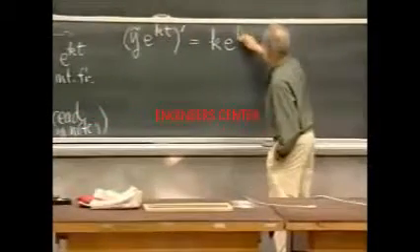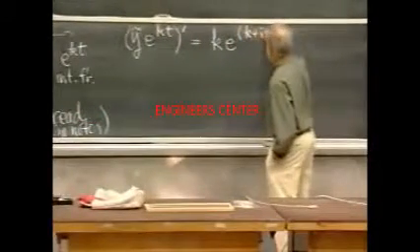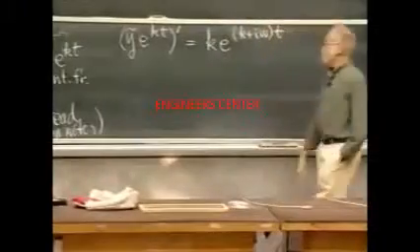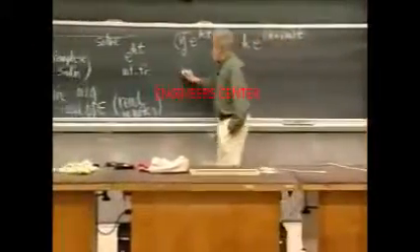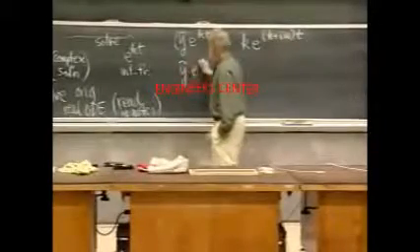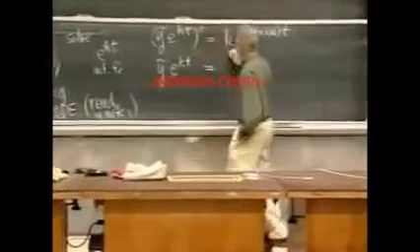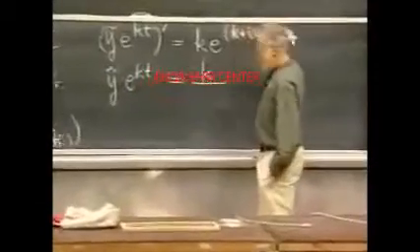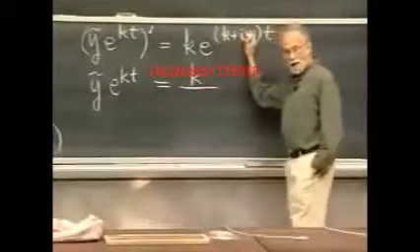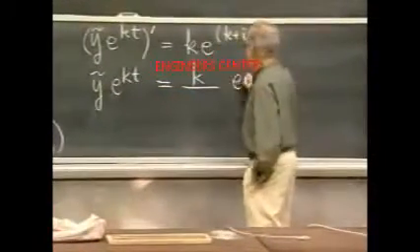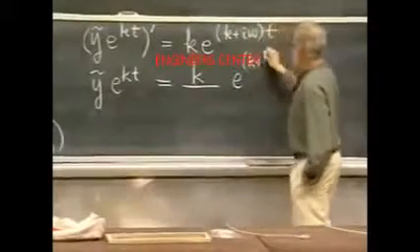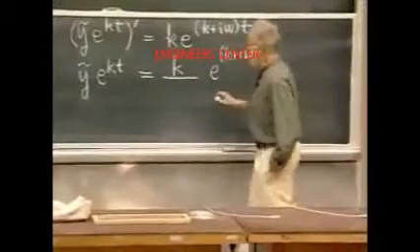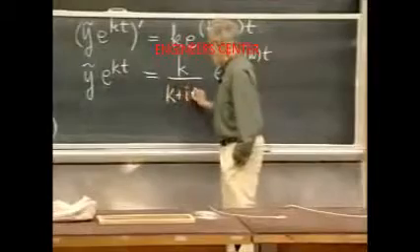So that's k times e to the power (k plus i omega) times t. So y tilde e^(kt) is k divided by (k plus i omega), times e^((k+i omega)t). When I integrate this, it essentially reproduces itself, except you have to put k plus i omega on the bottom.